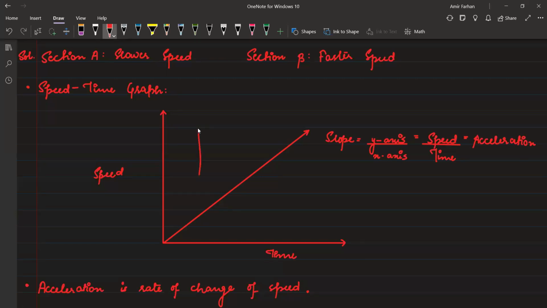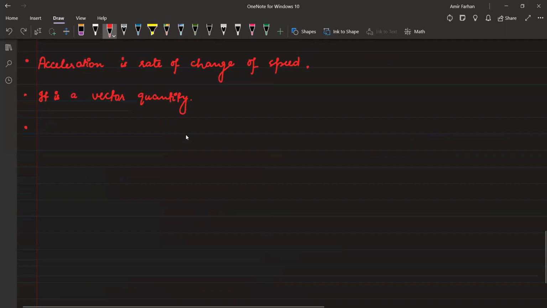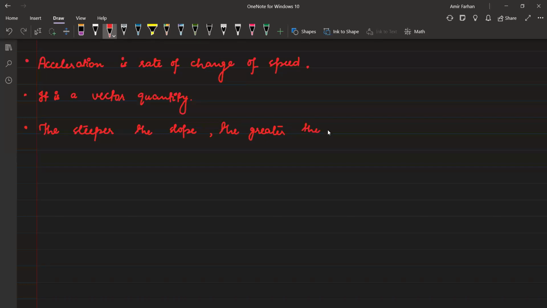The steeper the slope is, the higher will be the acceleration, and the greater the acceleration.